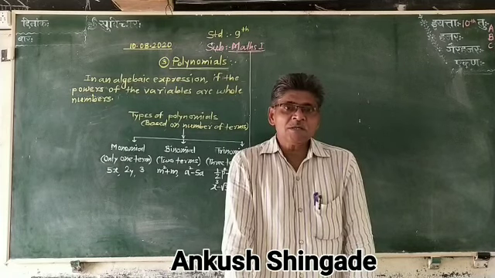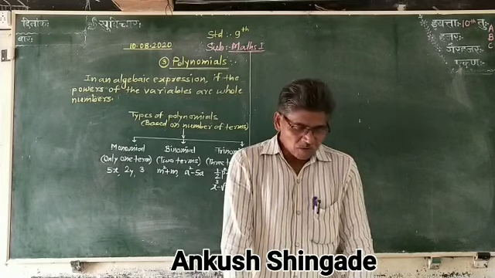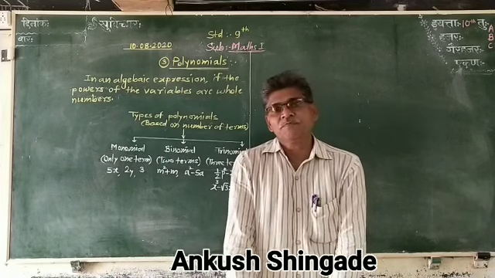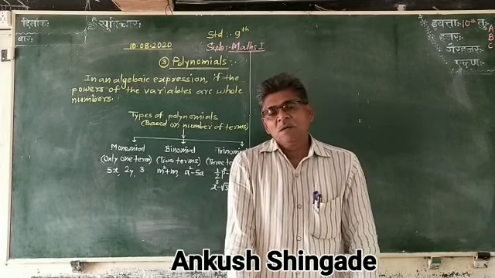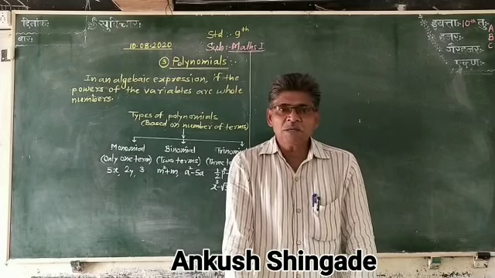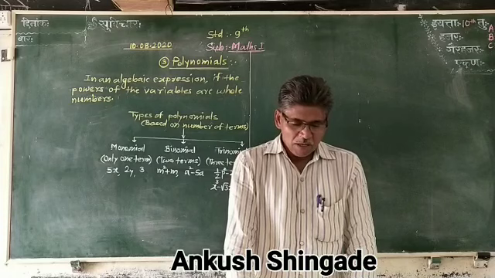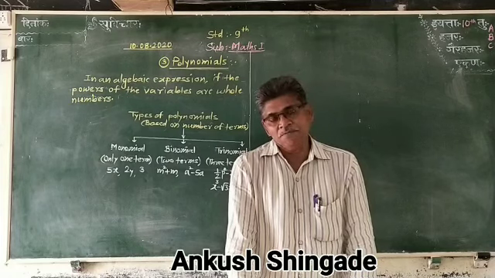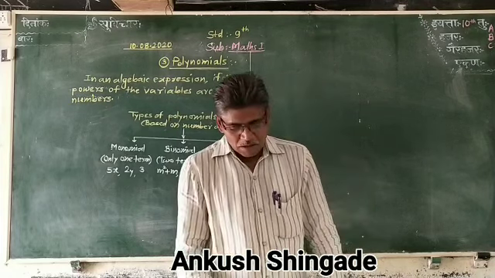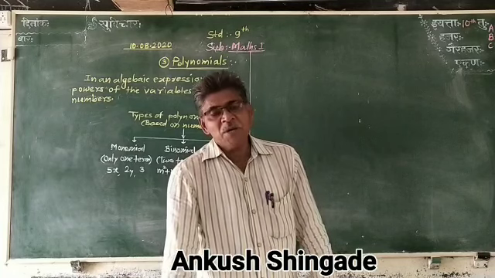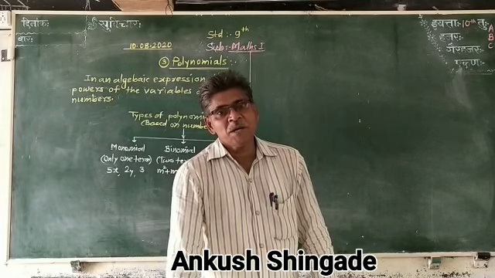So friends, first we have to study what is the polynomial. Already we studied in last standard, but again we have to revise it. There are different types of algebraic expressions.